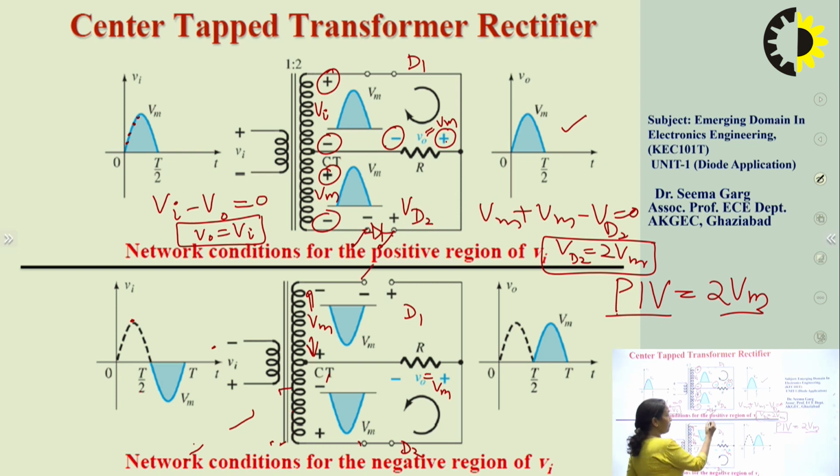So if we measure the voltage appearing across the diode D1, that is VD1, this is the diode direction.